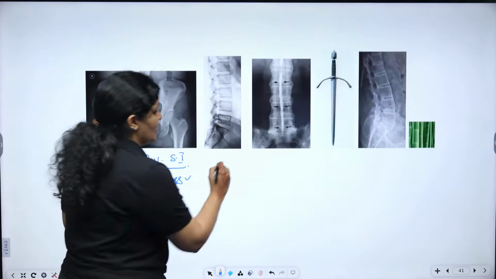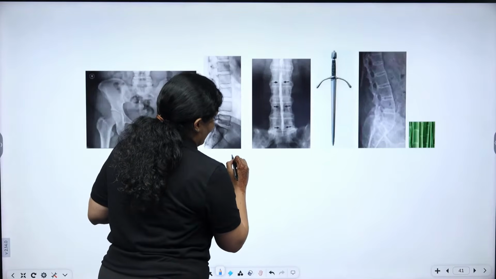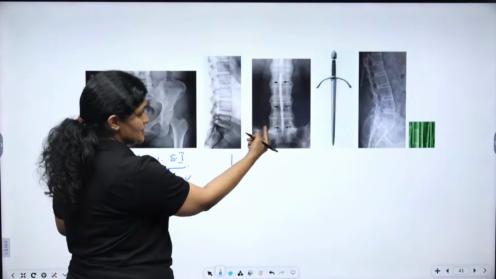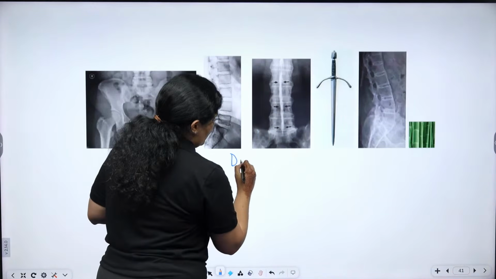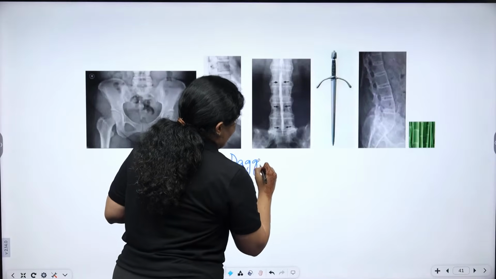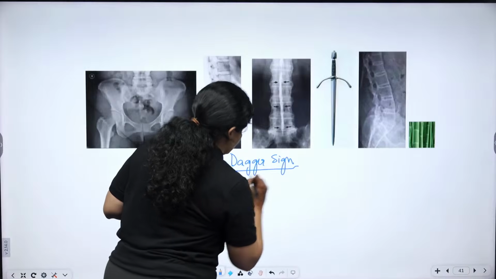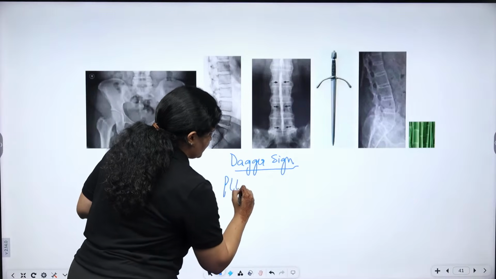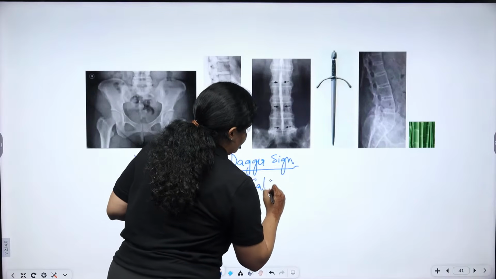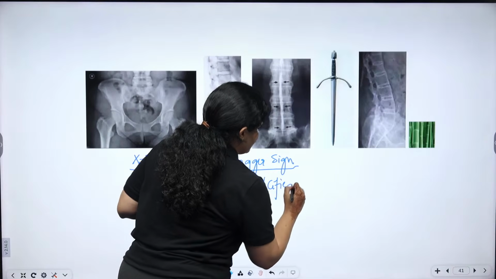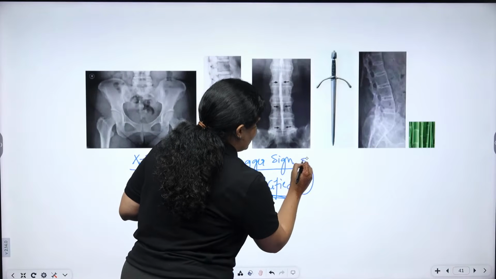And then you see the presence of the bamboo spine. Before that, what is this called? It is called the dagger sign. The dagger sign is nothing but calcification of the ligaments. Whenever the posterior longitudinal ligament is calcified, it presents as the dagger sign.